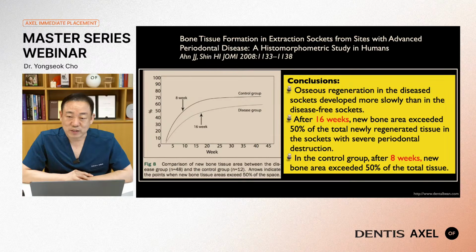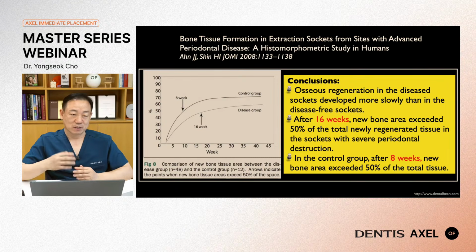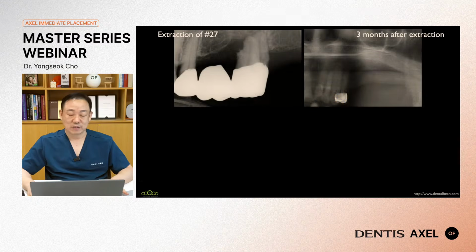After 16 weeks, newborn tissue exceeded 50% of total regenerated tissue in sockets with severe periodontal destruction. However, in the control group, which is fresh extraction socket, it exceeded 50% of total tissue at about 8 weeks. So the healing time is double between sound and pathologic extraction sockets. That means we need more healing time in pathologic extraction sockets.